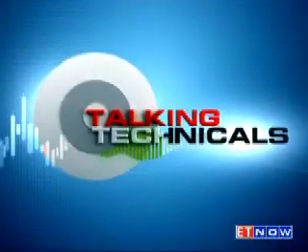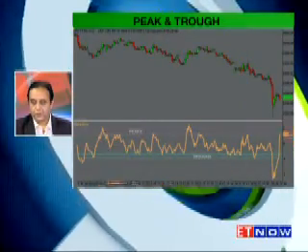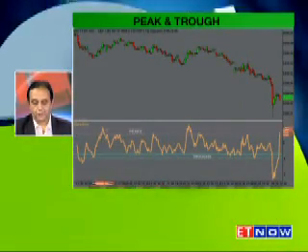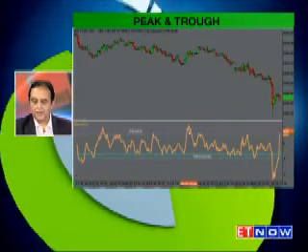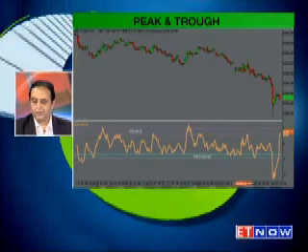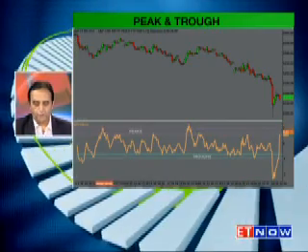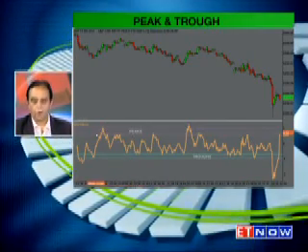Well, in the case of momentum, it's all a direction play. The more the momentum, the more the move is likely to last. What most of the momentum indicators will actually do is set up a peak or a trough, which is visible here on the chart. If you notice here, as and when the market reaches the levels out here, you form a peak in the oscillator.